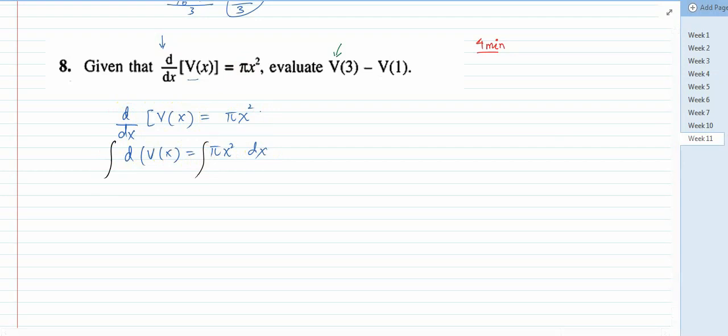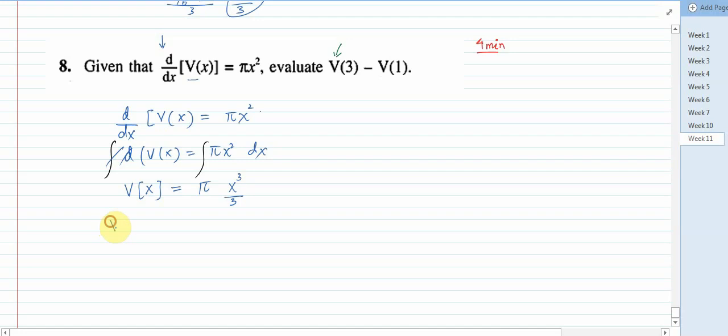Now on the left side it is cancelled, so the leftover part is V(x), which we were looking for, equal to π outside the integral sign because it's a constant, and the integral of x² will be x³ divided by 3. So now you have V(x), right?